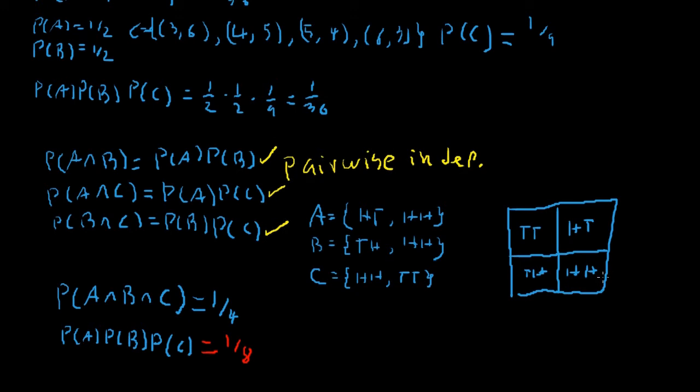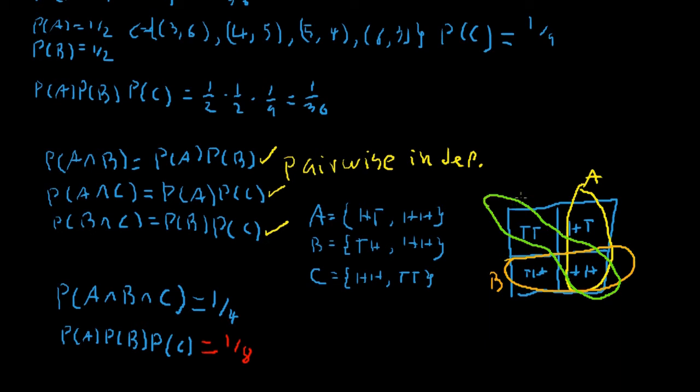Then this is A, this is B, and this is C. So what happens is, if I know whether A happened and I know whether B happened, then I know exactly whether C happened.